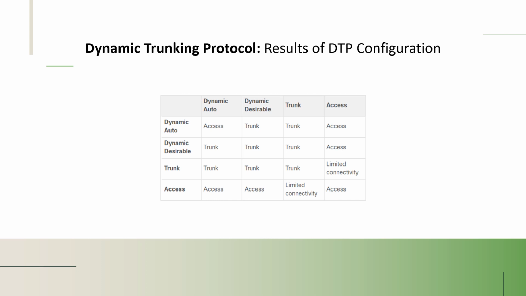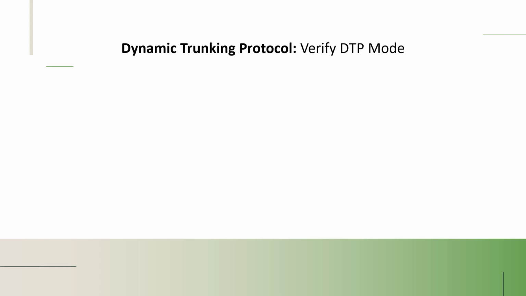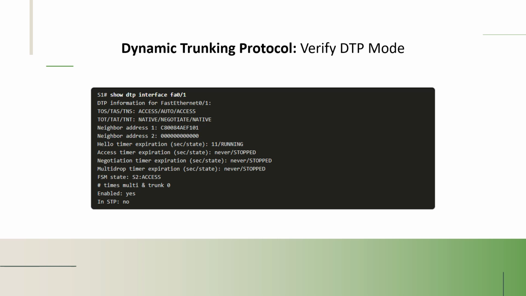If you need to verify the dynamic trunking protocol mode, we use the command show dtp interface FastEthernet 0/1. By this information, you are able to determine the current DTP mode that is shown in the output.